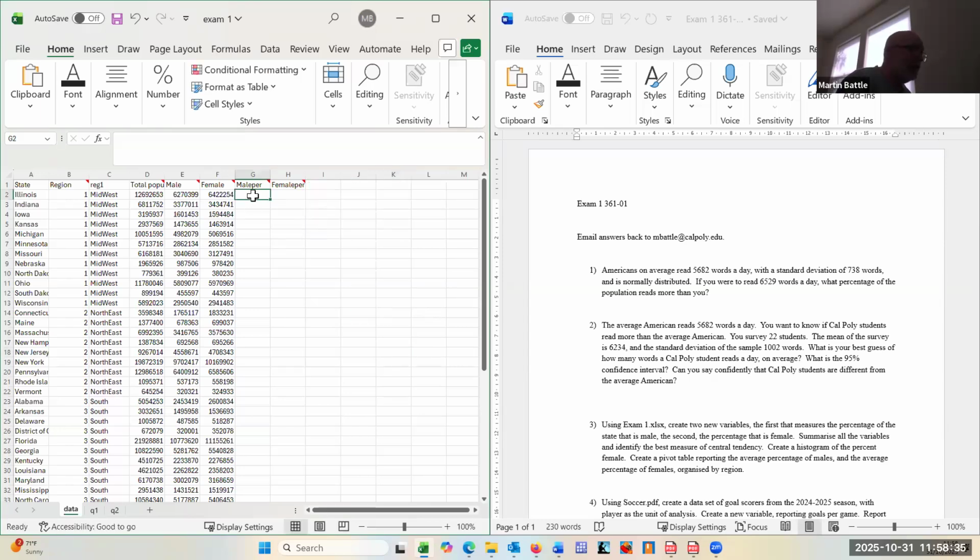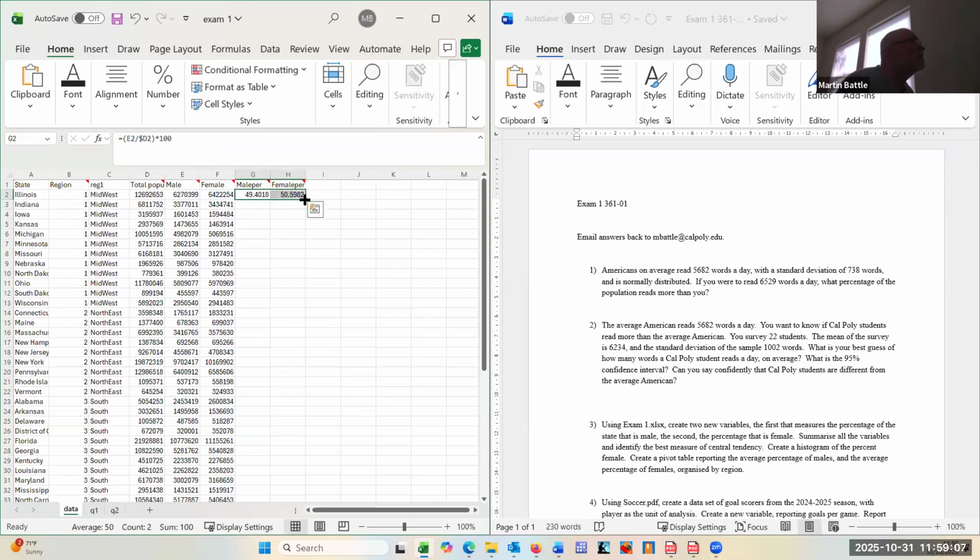Fairly easy. Now I'm going to just make this a percentage. So male percent is going to be equal to number of males divided by the total population. That would be a proportion, so I want to multiply it by 100. I'm just going to put a $ in front of the D there, because it's going to make the next bit a little bit easier. So 49%. I'm going to drag across. You see, by putting the $ in front of the D, I've stayed in that column.